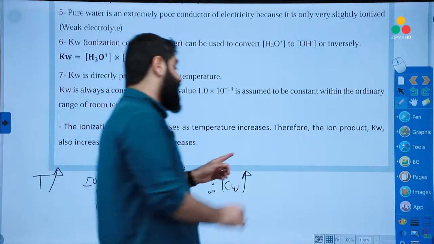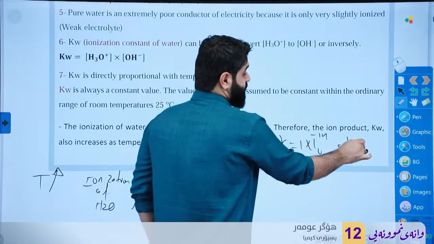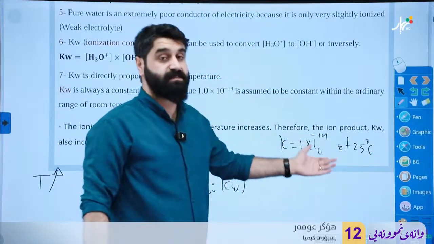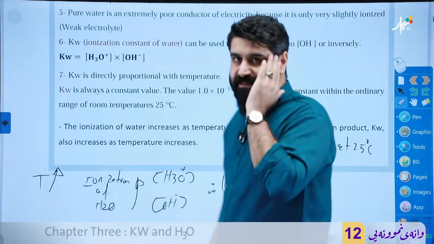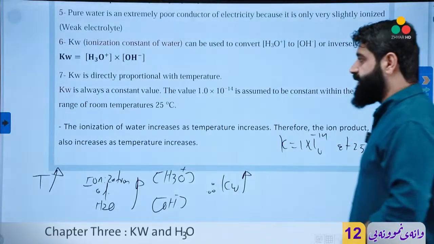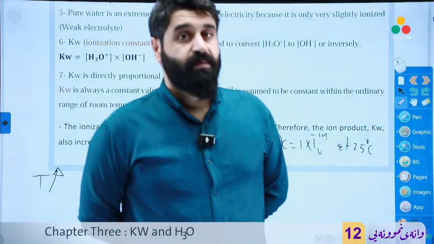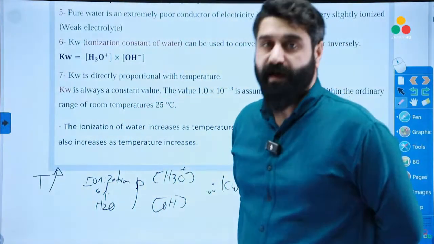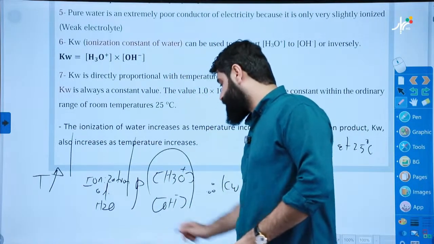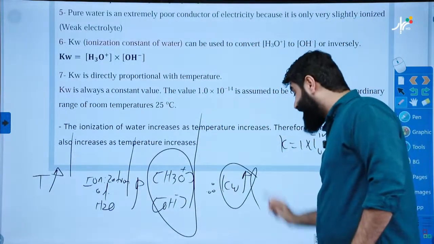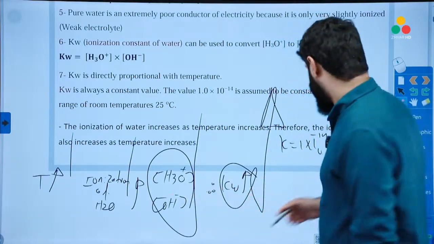So Kw at 25 Celsius degree equals 1 times 10 to the power negative 14, but at 30 Celsius degree it must be greater than this. At 10 or 20 Celsius degree it must be smaller than this. So what's the relation between the Kw value and temperature? They're direct. Why? Because as the temperature is increased, ionization is increased, both concentrations are increased, therefore Kw is increased.